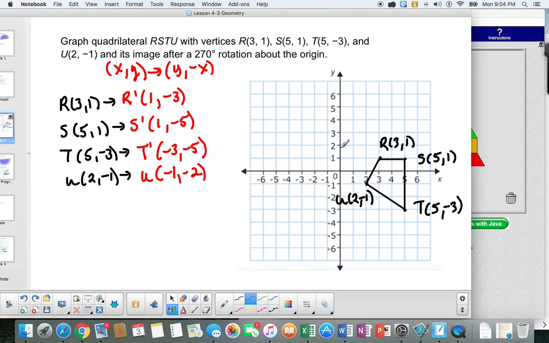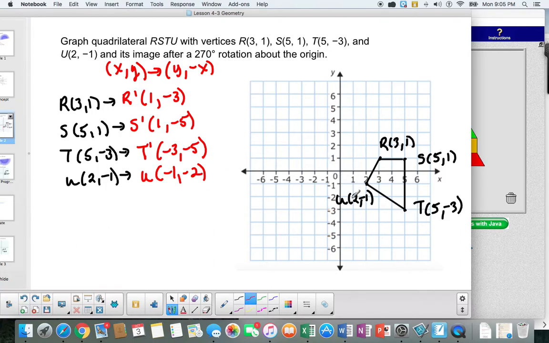Now let me plot these points. (1, -3). (1, -5). (-3, -5). (-1, -2). Okay, I can see I have some points that are wrong. Let me go back.